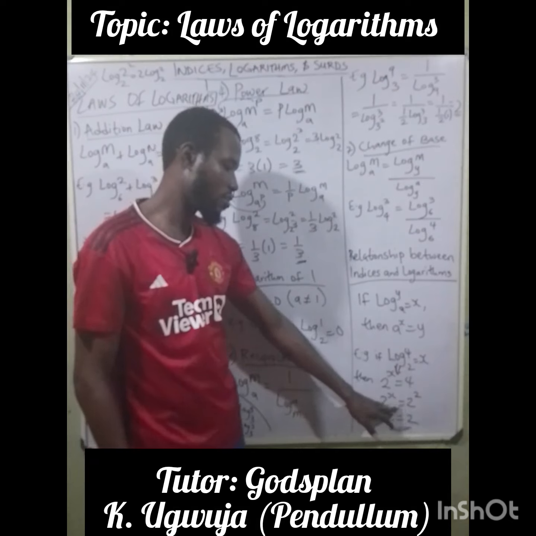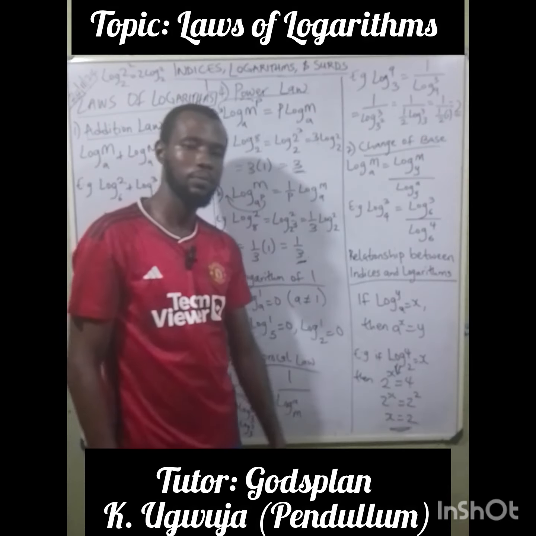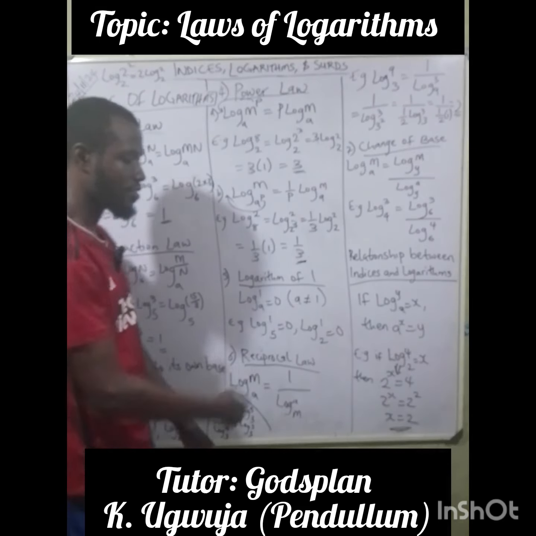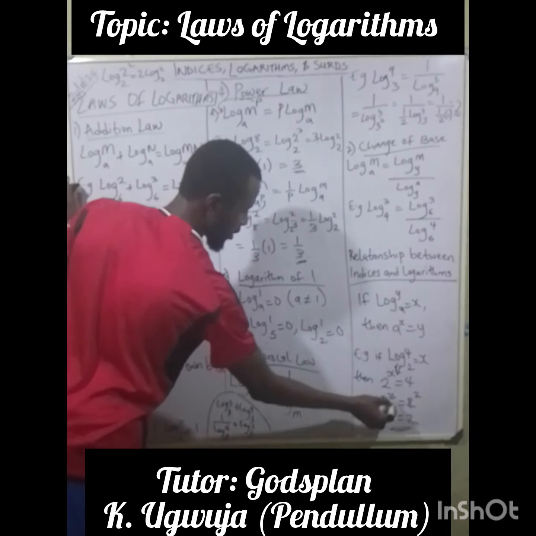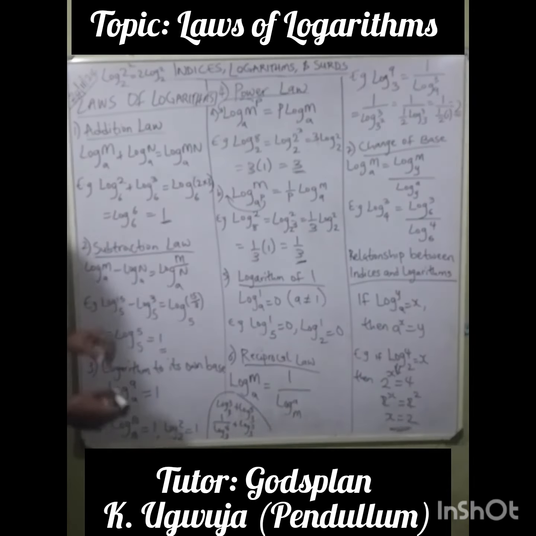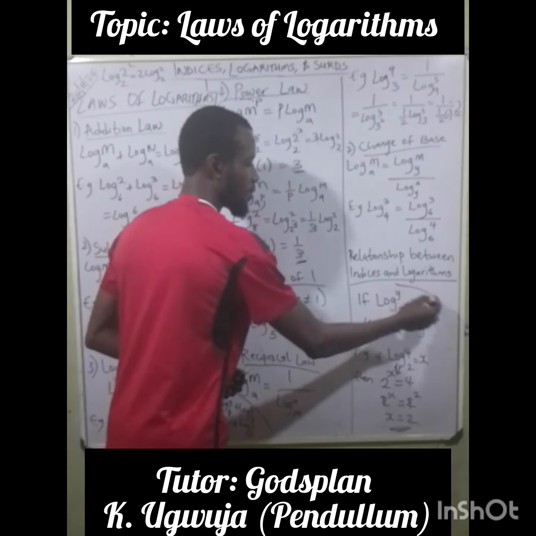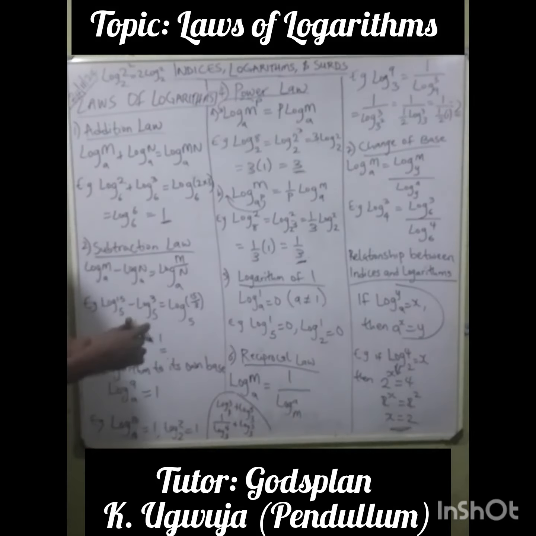So 2 raised to the power x is equal to 4, which is 2 squared. Since the bases are equal, I can cancel out the bases and I have that x is equal to 2. So you can see the same answer. This is the relationship. If you keep this in mind, you can always move between indices and logarithm.